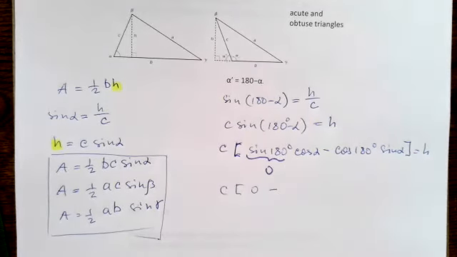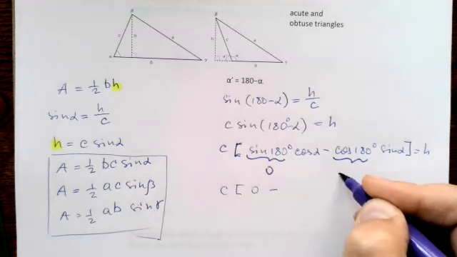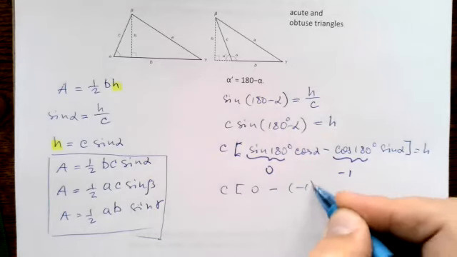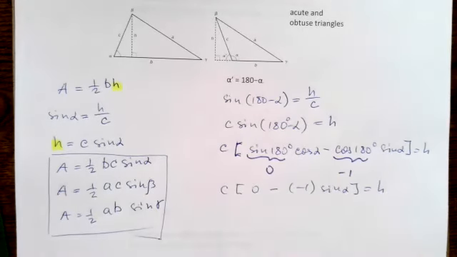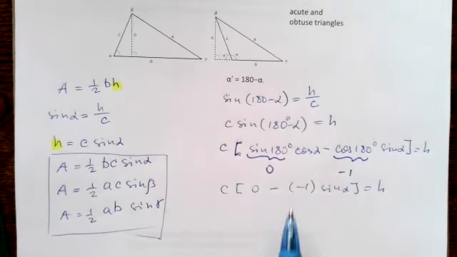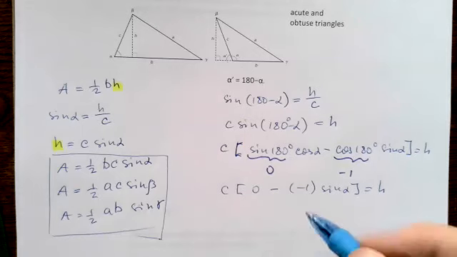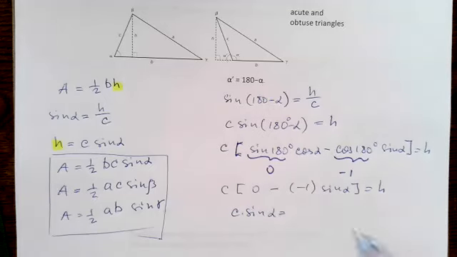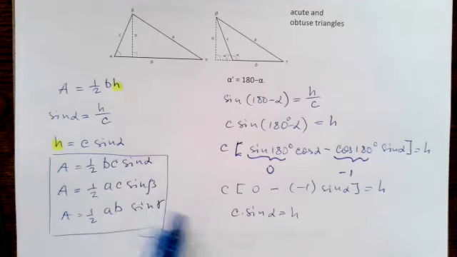Then minus, what's the cosine of 180? Cosine of 180 is -1. So we have this negative from the formula, and then a -1 multiplied by sine alpha equals h. In the end, negative times negative is positive. So we still see c times sine alpha equals h, just like before. So we're still coming to the same conclusion, same formulas.